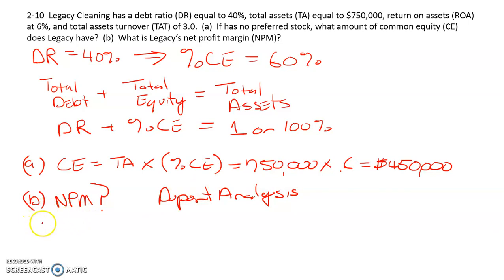So one of the DuPont equations is ROA is equal to net profit margin times total asset turnover. So we know that ROA is 6%, and we know that total asset turnover is 3. So we can rearrange this equation.